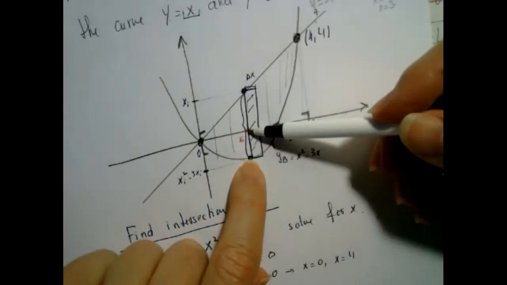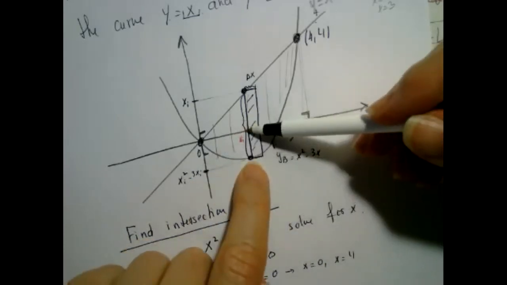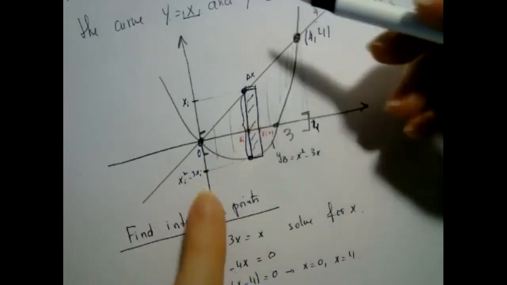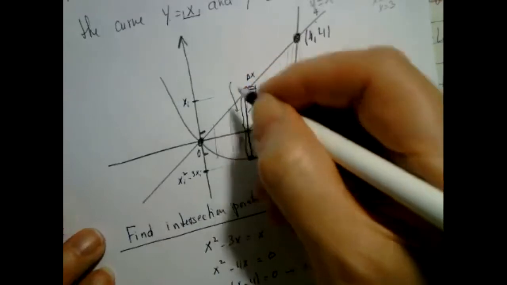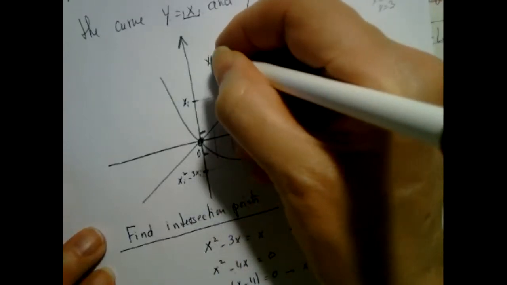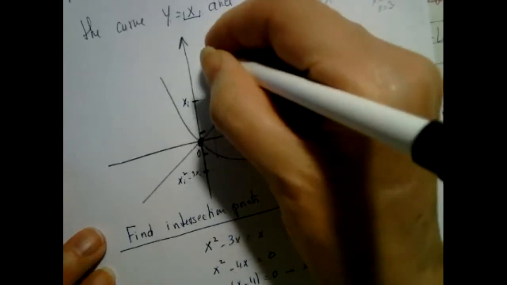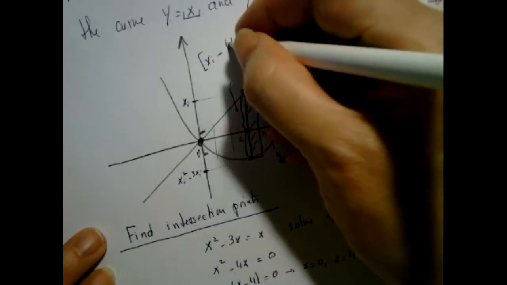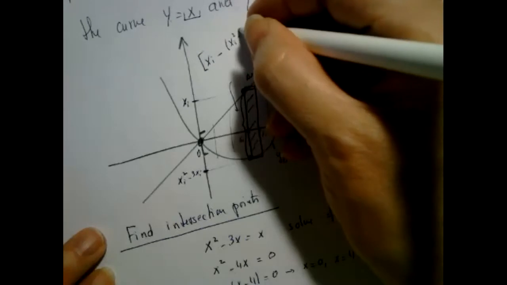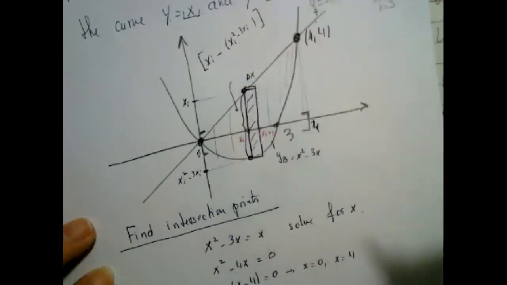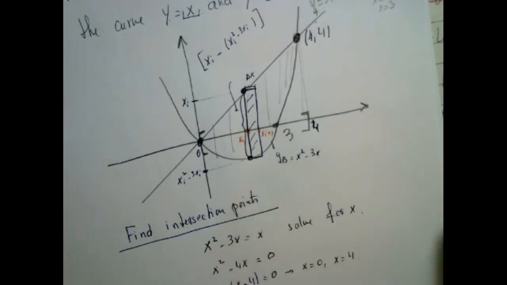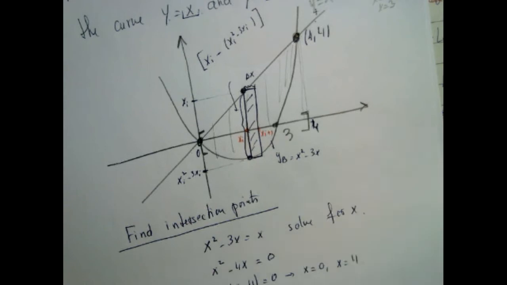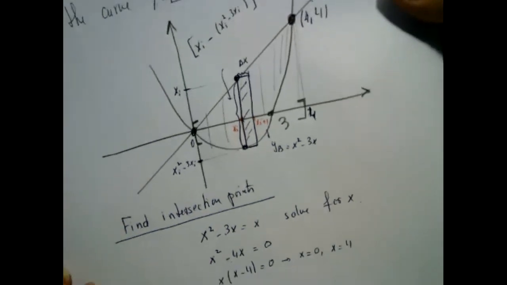So whatever the value of xi, the value from here to here is this. So the height is the value at the upper curve minus the value down here. The width is delta x. So that's really the picture. Once you understand the picture, believe me, a lot of things become way easier for us.